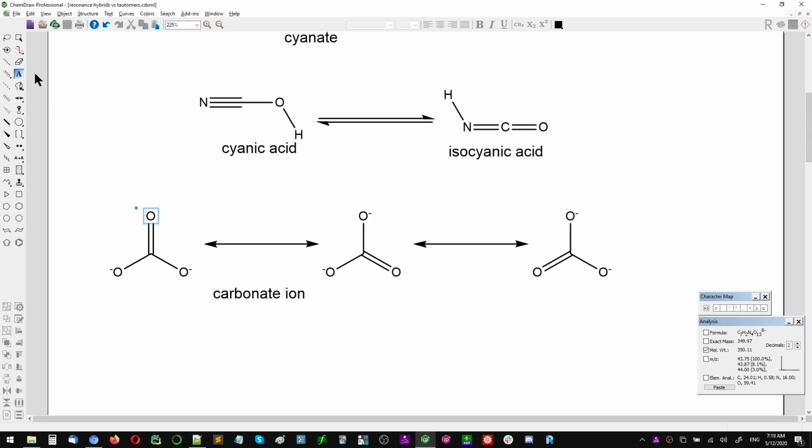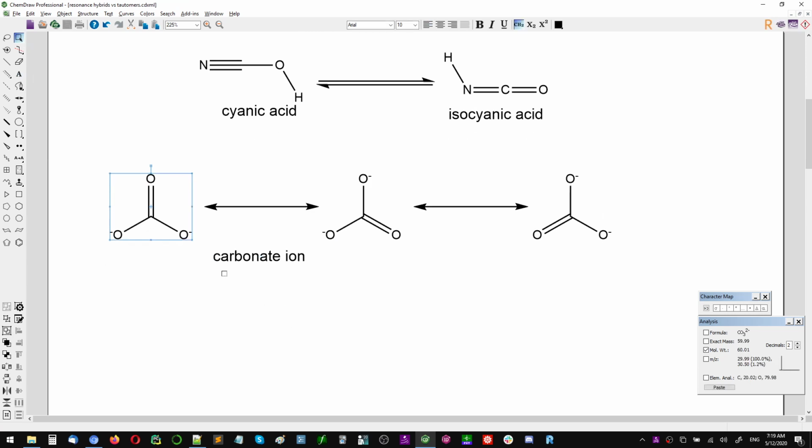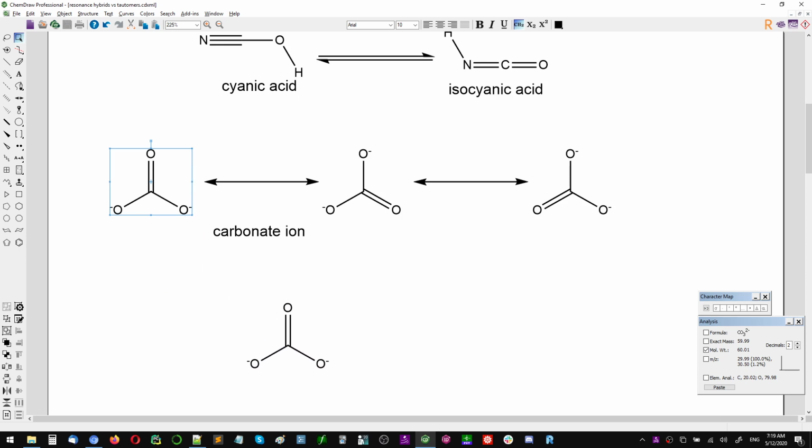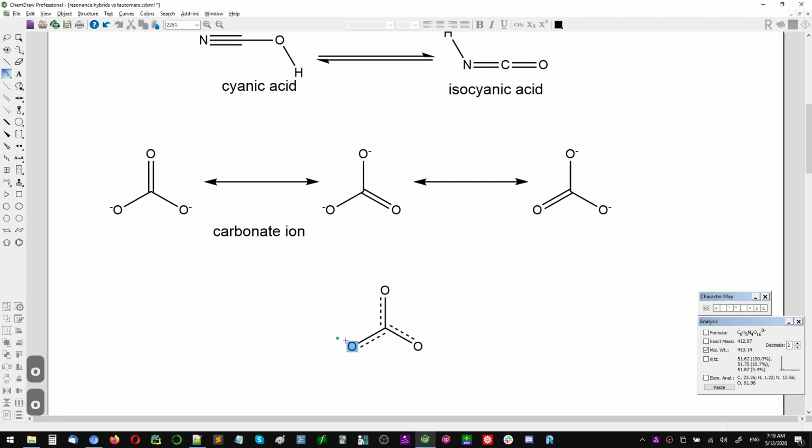Let me show an interesting thing regarding resonance hybrids. You can also represent them like this. Now, I wish I knew how to add the text directly here, because I want to add the charge here in this case.